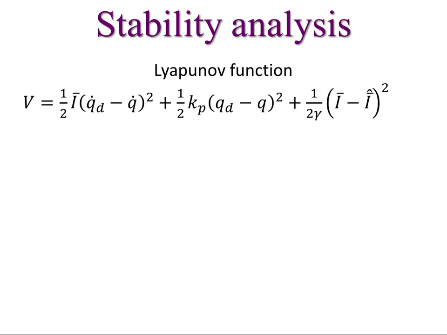Next, let's add the term of the squared error of the actual and estimated parameters. In this term, we set the coefficient to be 1 divided by 2 gamma. Therefore, we can also prove that as the Lyapunov function V decreases, the error of the estimated parameters also decreases.